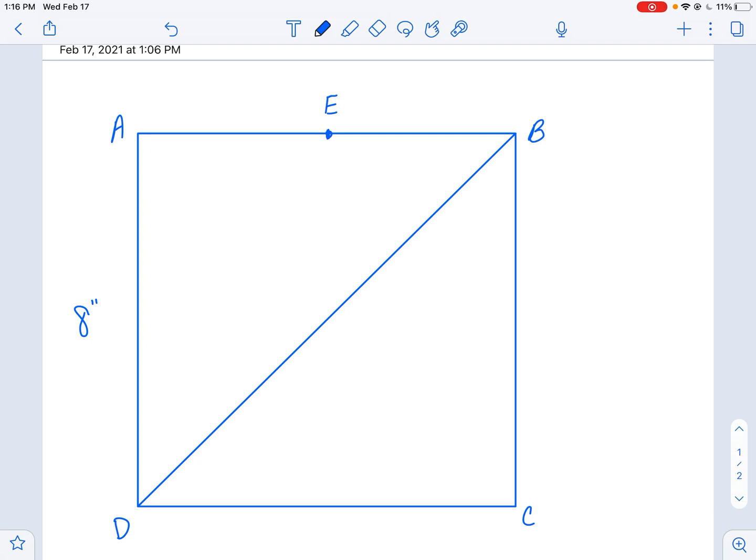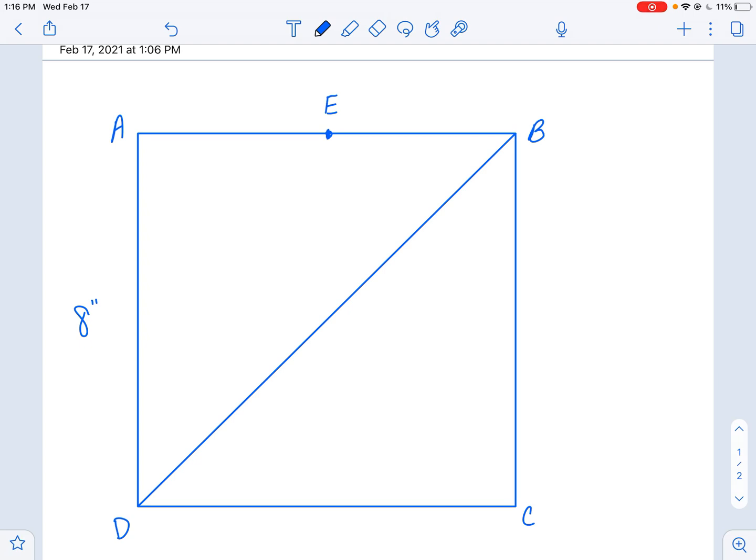Okay, so we had segment BD, the diagonal. We found our midpoint of AB, and we labeled that E. Now we're going to find the midpoint of AD. Same thing, you can either measure it if you have a ruler on hand, or if you don't have a ruler, that's okay.